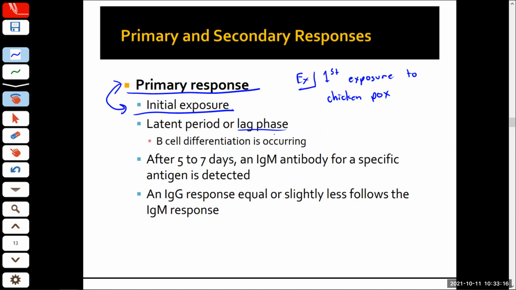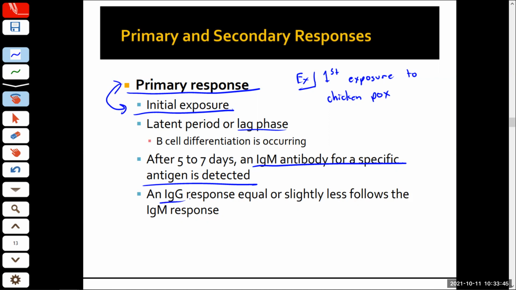It can vary depending on the virus, and you don't need to memorize this, but it's about a week. Why does it take a week? It takes about a week for IgM to figure out that specific antigen. Once I finally figured out what's trying to attack me, what can I make to kill it?